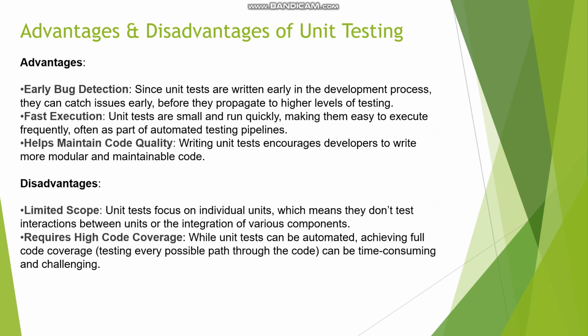Fast execution. Unit tests are small and run quickly, making them easy to execute frequently, often as part of automated testing pipelines. Helps maintain code quality. Writing unit tests encourages developers to write more modular and maintainable code.